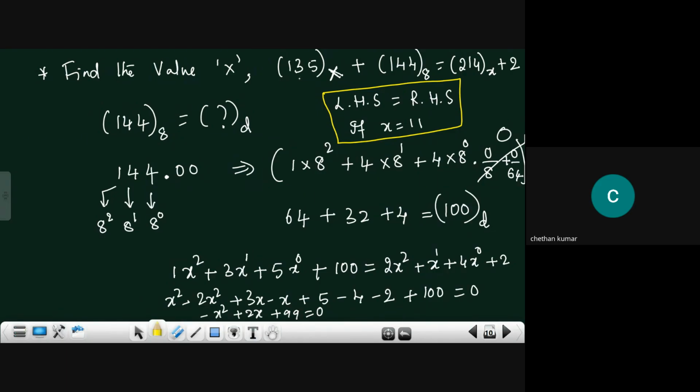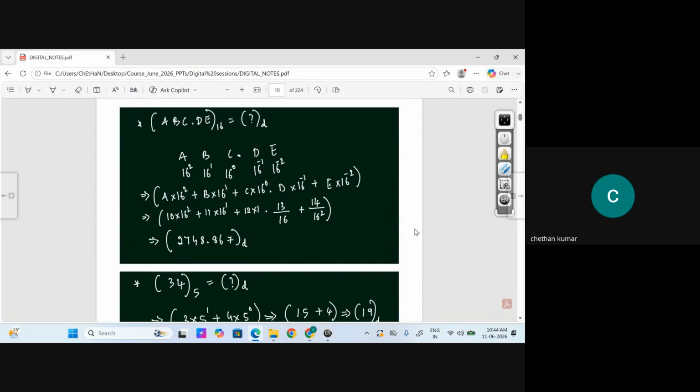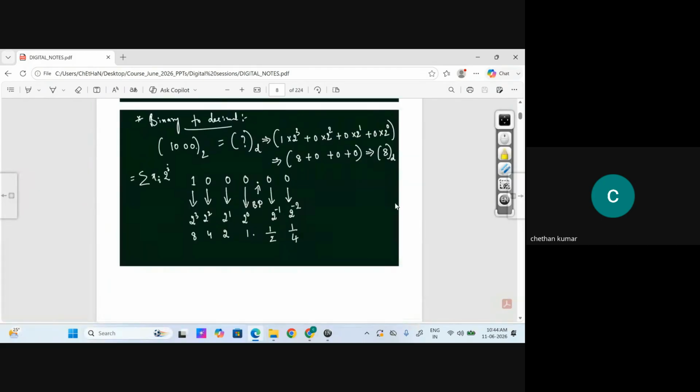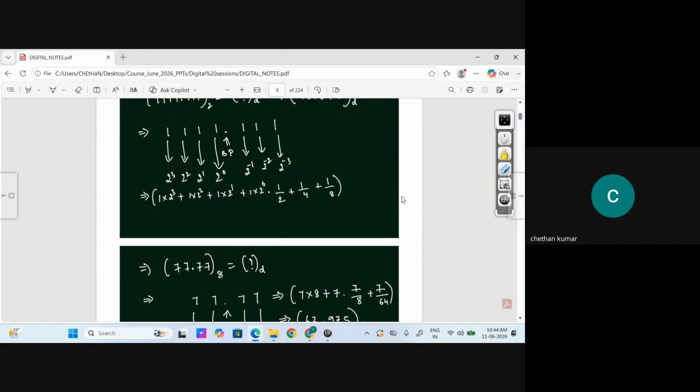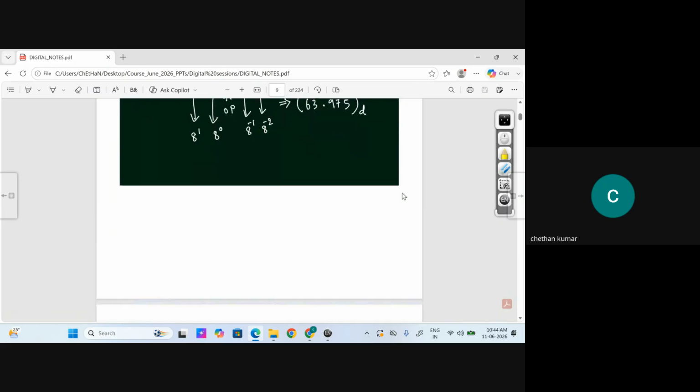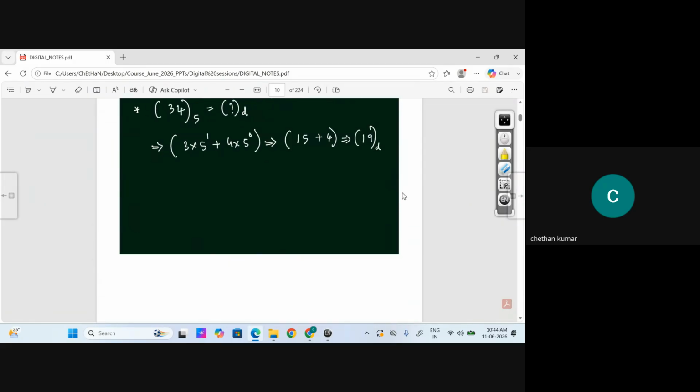Can I give one more different question? Can you solve it? My point is not to solve like binary to octal, binary to some other. I want to give a different question, because already you know conversions, decimal to other number conversion.